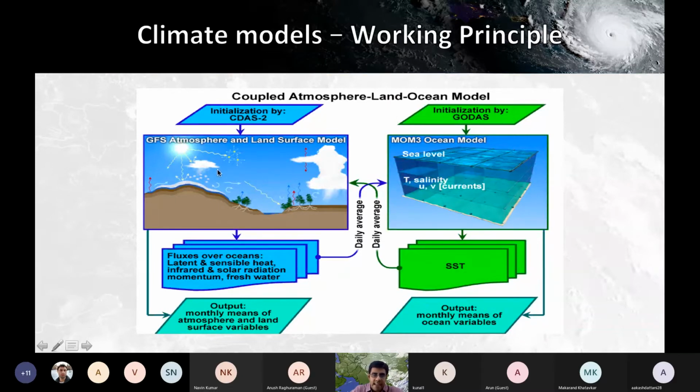The ocean component exchanges information with the atmosphere, and then the atmosphere gives the information back to the ocean, and the atmosphere includes land as well, and that is how they interact and give us the prediction of weather. That is the basic principle.